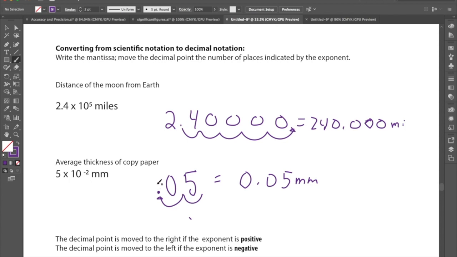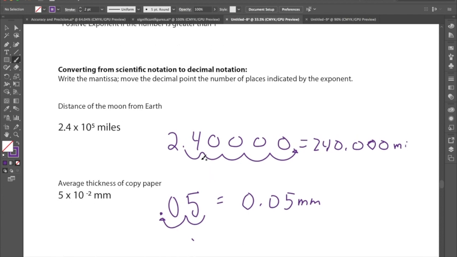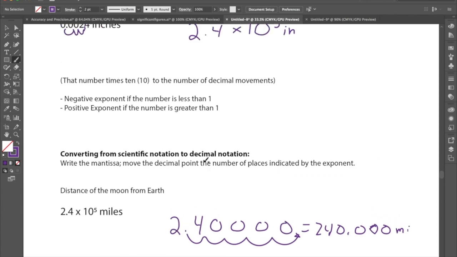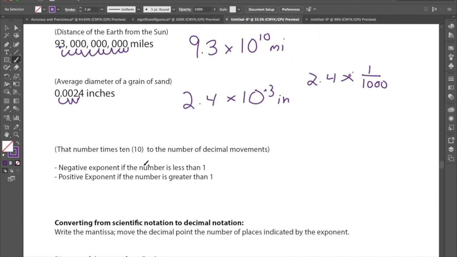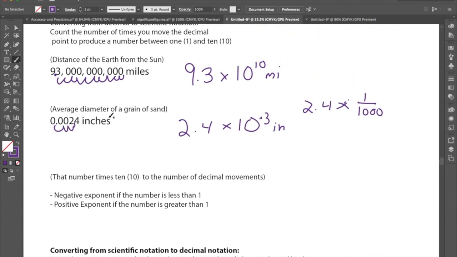So just again to note, if we're going from scientific notation to decimal notation, we move the decimal to the right if the exponent is positive, we move it left if the exponent is negative. And going from decimal to scientific notation, it's the same basic idea: move the decimal until we get a number between 1 and 10.